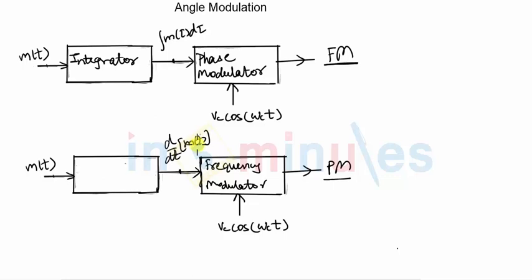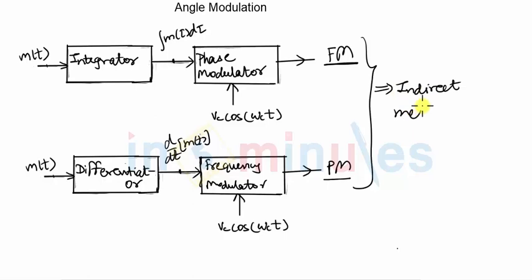So that will become my PM signal. And to get derivative of any signal, we will use a very obvious block of differentiator. So what you need as the first block in this second setup is nothing but a differentiator and give it to a frequency modulator.